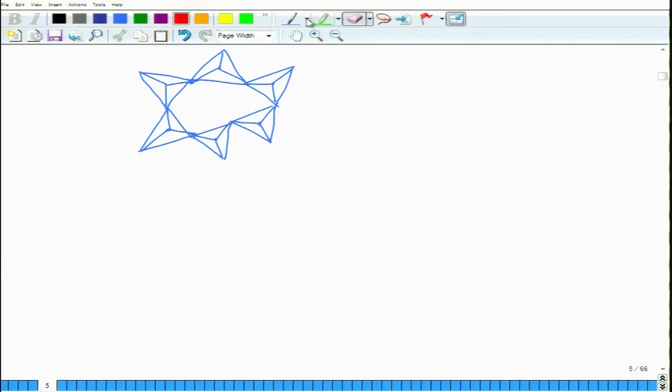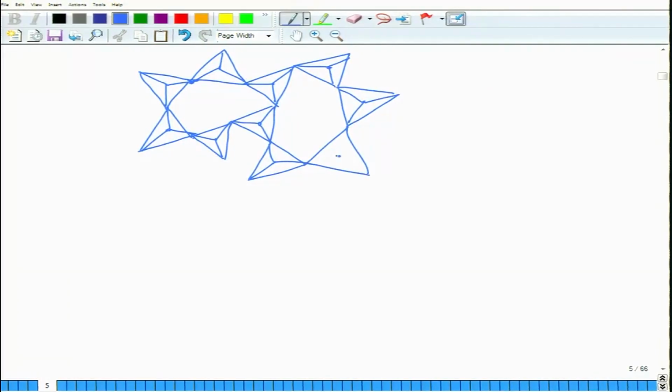Somewhere here, it will have another network. There is no fixed angle and there are no fixed number of neighbors.